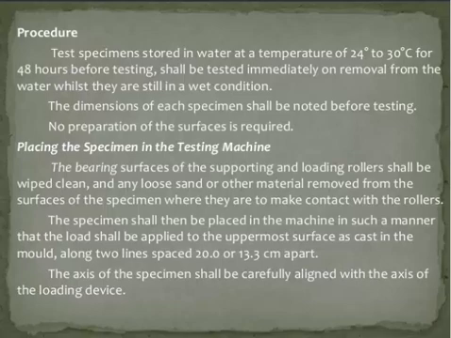Then load the specimen continuously without shock till the point of failure at a constant rate. As per the Indian standard, a constant rate of loading of 400 kg per minute for 150 specimen and 180 kg per minute for 100 specimen is required.